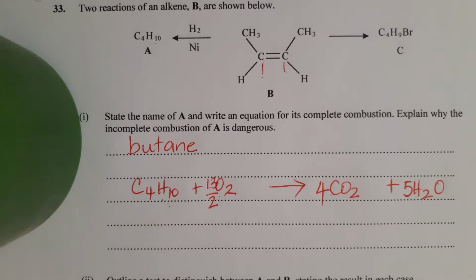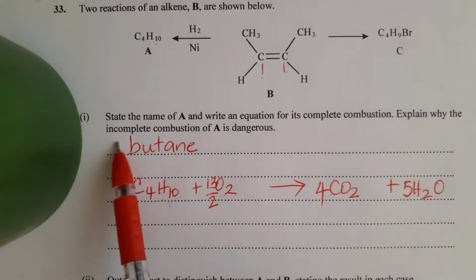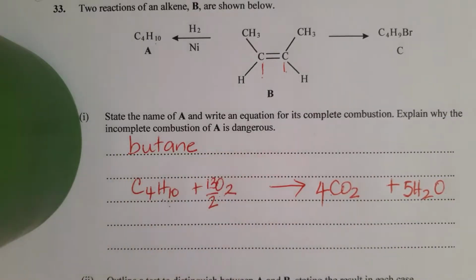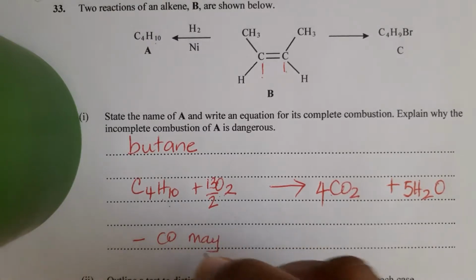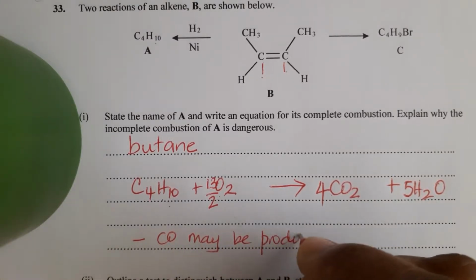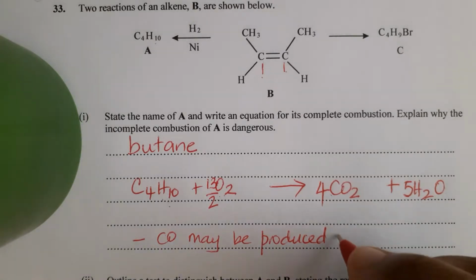The last part of this question says, explain why the incomplete combustion of A is dangerous. There's several things you can put, but the more appropriate one would be the presence of carbon monoxide, which can be produced. So carbon monoxide may be produced. That's one thing you could write. You could also further expand on it.